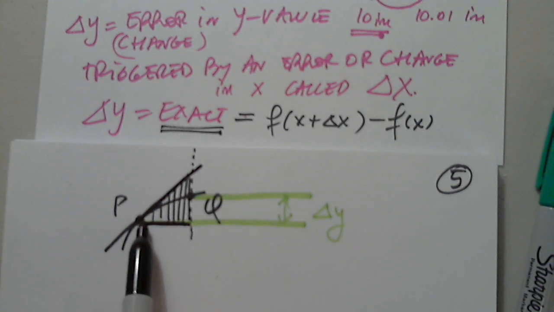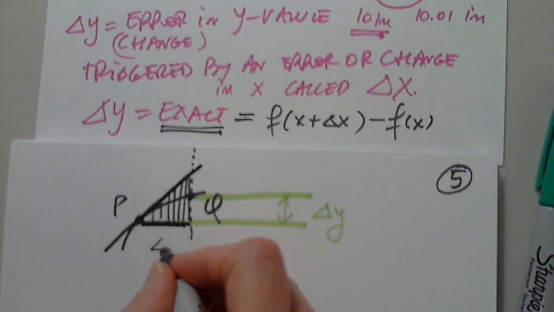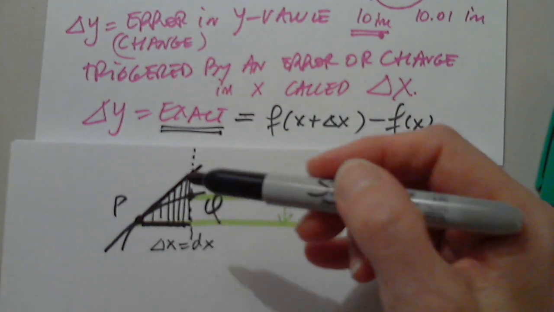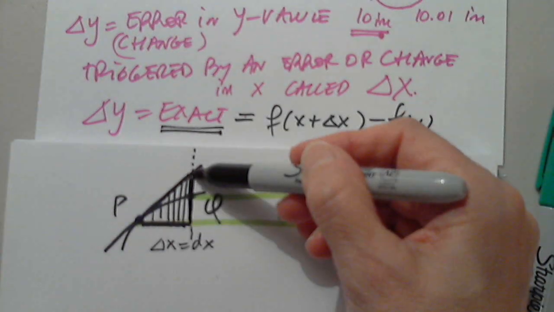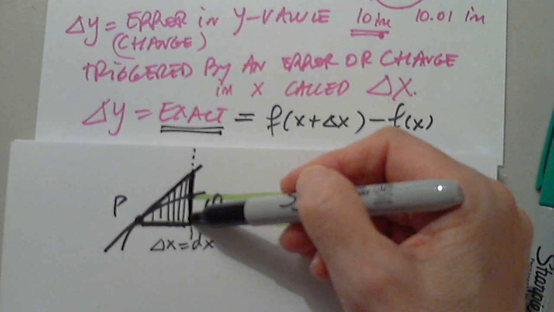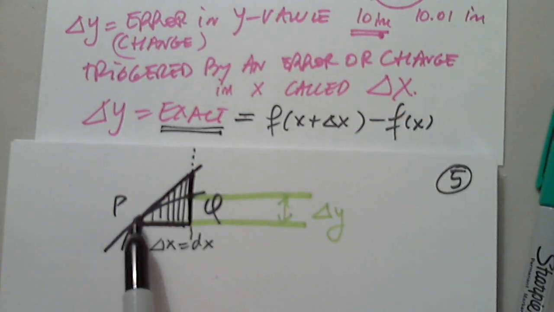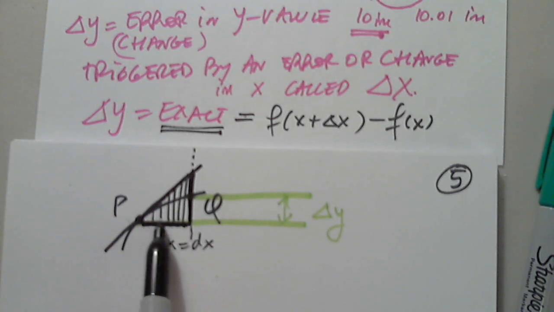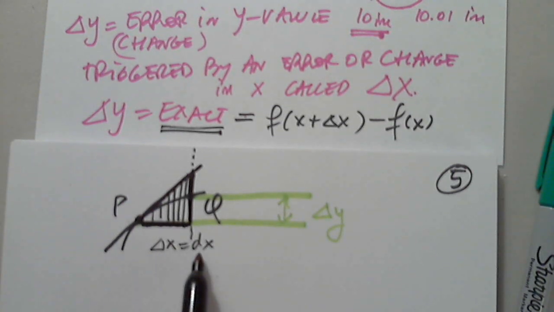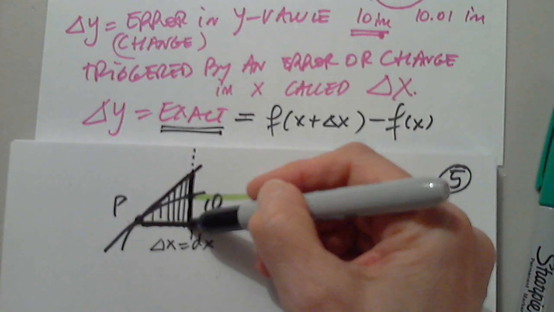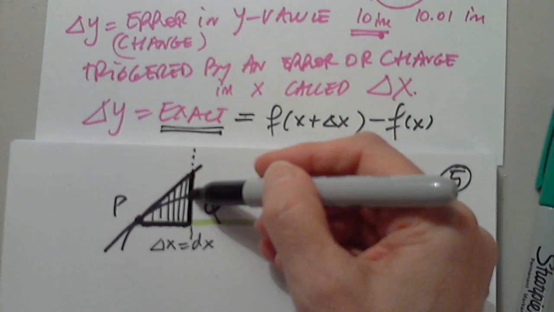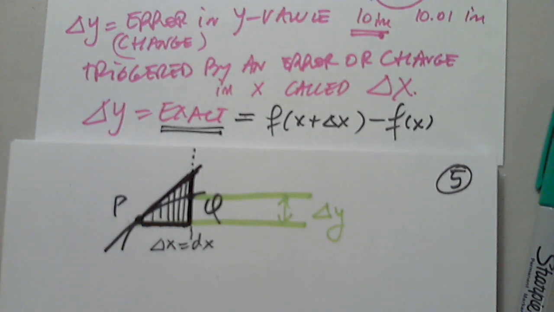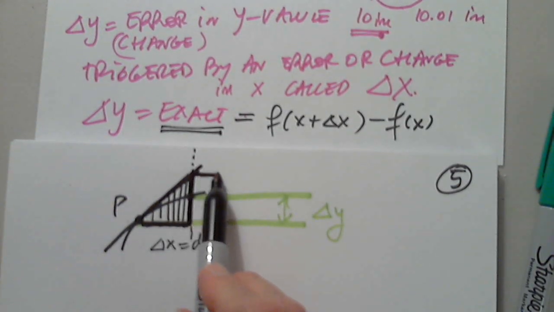This piece right here is, of course, delta x equals dx. And now I have another piece here, which is one of the legs of this right triangle. So the base of the triangle is delta x or dx. This is the height, or if you want, the other leg. And this is the tangent. I'm interested in determining this piece.